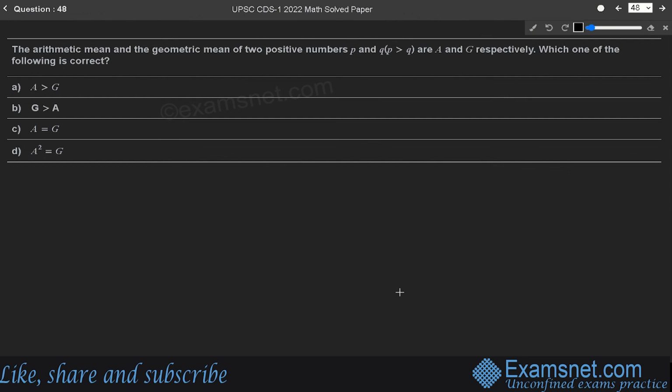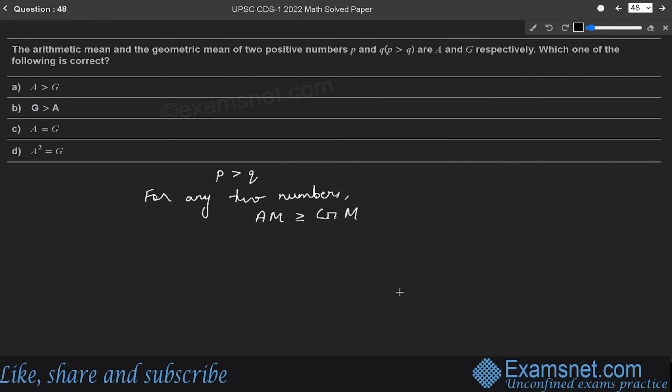We know that a is the arithmetic mean of p and q and g is the geometric mean of p and q, and it is also given that p is greater than q. And we know that for any given two numbers, the arithmetic mean is greater than or equal to the geometric mean.